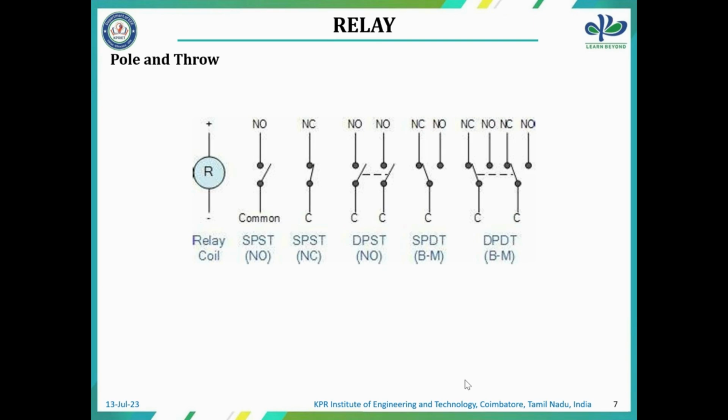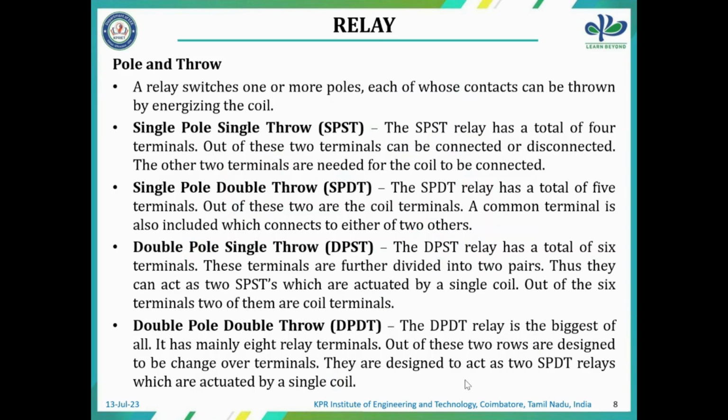But for both NOs or both NCs, it is a double pole single throw switch. Double pole double throw switches can also happen, with both connected to the NO and the NC. So relay switches, with one or more poles over each contact, are classified as SPST, SPDT, DPST and DPDT: single pole single throw, single pole double throw, double pole single throw and double pole double throw.